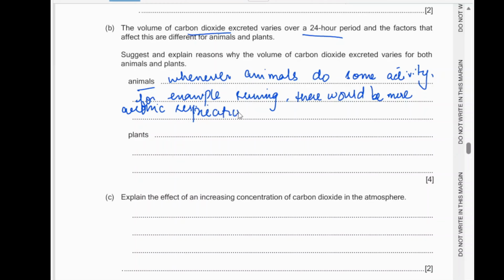Oh, carbon dioxide, sorry. So more carbon dioxide. So we suggest the activity. Oh, we haven't given the reason. The reason is to produce more energy. There would be more aerobic respiration for energy, okay?